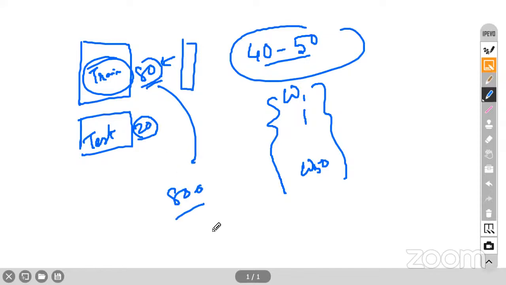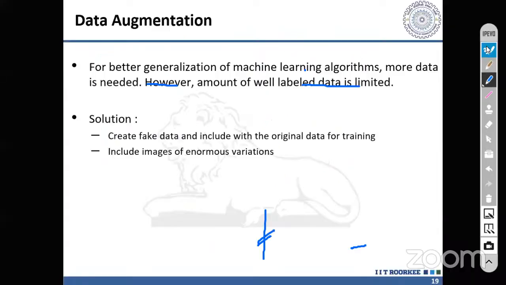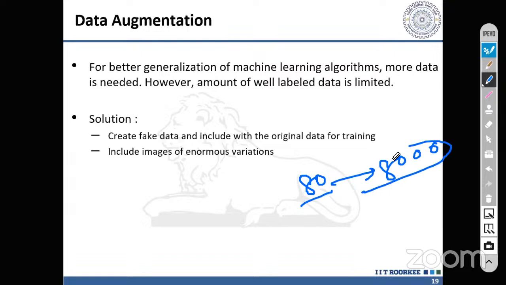How can we increase the data? There are some possibilities of data augmentations, based on which you can increase the data set size. Whatever data set size you have, 80 data, we want to increase it to 800 or 8,000. How can we do that?